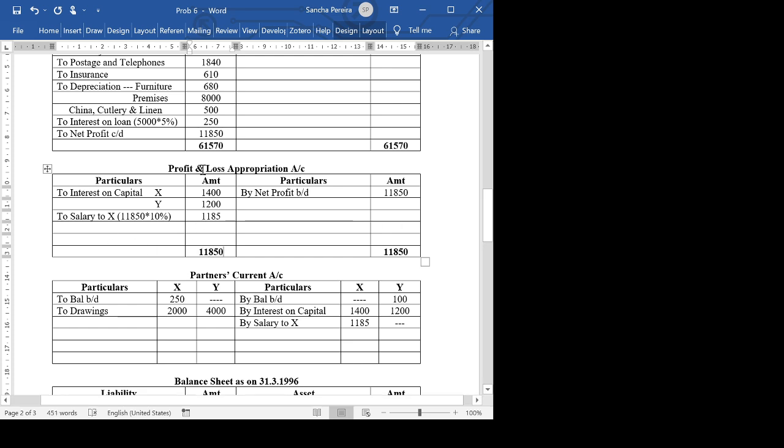Out of this 11,850, which is the net profit, certain payments have been made to the partners. What are these payments? Interest on capital and salary to X. So what remains after all this is 8,065. Can anyone tell me what I'm going to do with this 8,065?